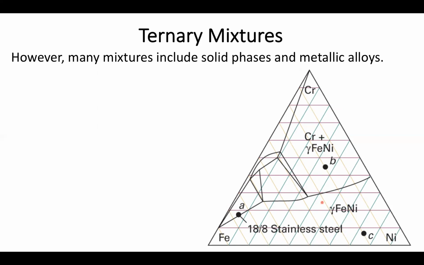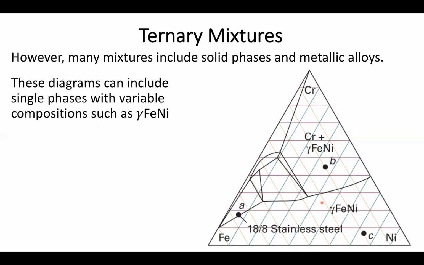However, one of the things to watch out for is that many of these ternary solid diagrams can include a lot of issues. So for example, it can include single phases with variable composition. In this case, iron nickel.